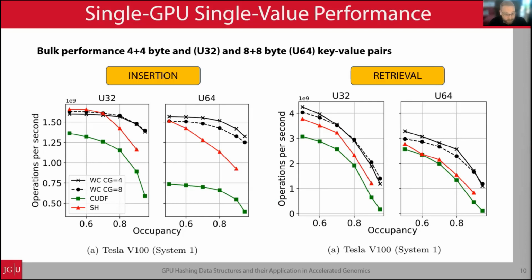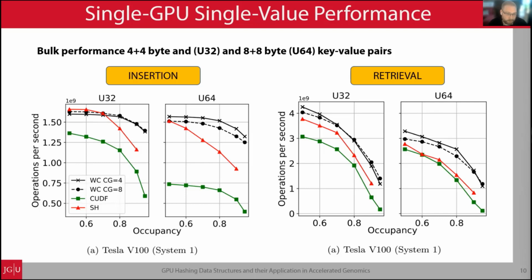Our benchmark scenario here consists of an initial bulk build operation, which inserts a set of 2 to the power of 28 unique 4-byte keys along with 4-byte arbitrary values into each hash table. And this is done on a single V100 accelerator card.